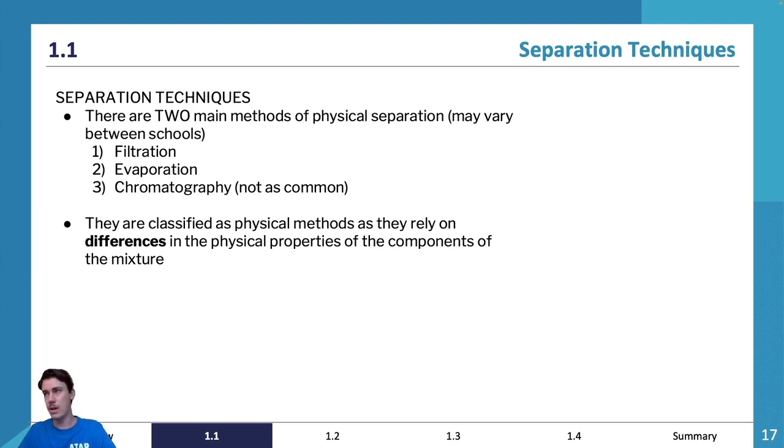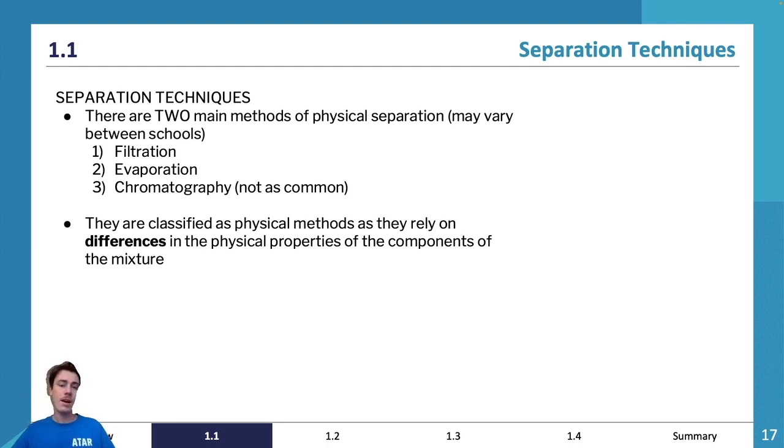These two are classified as physical methods as they rely on differences in physical properties of the components of the mixture. So if we've got a mixture of all these different molecules and we want to separate them out, we use their physical properties to separate them. We go, all right, you have a lower boiling point, you have a higher boiling point.